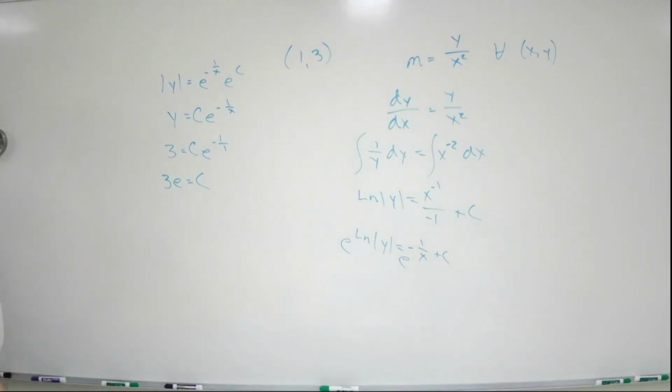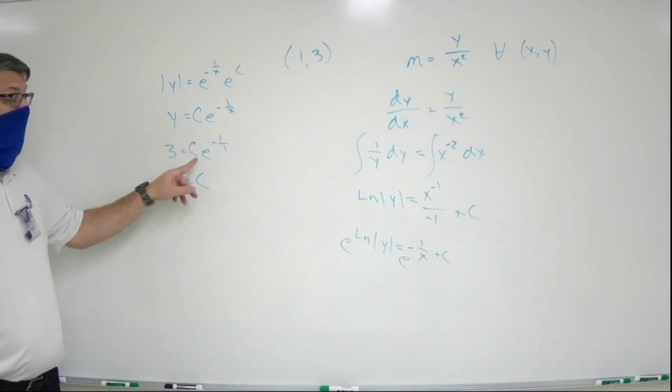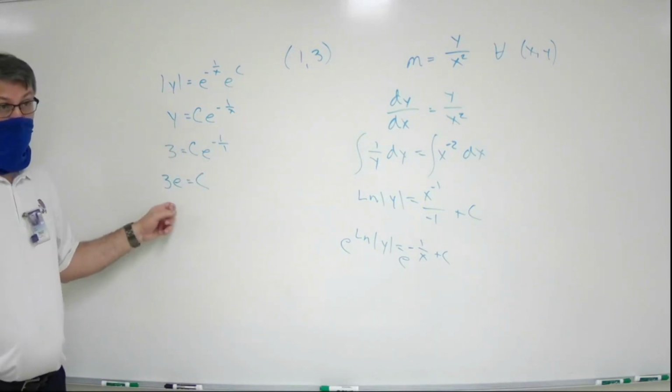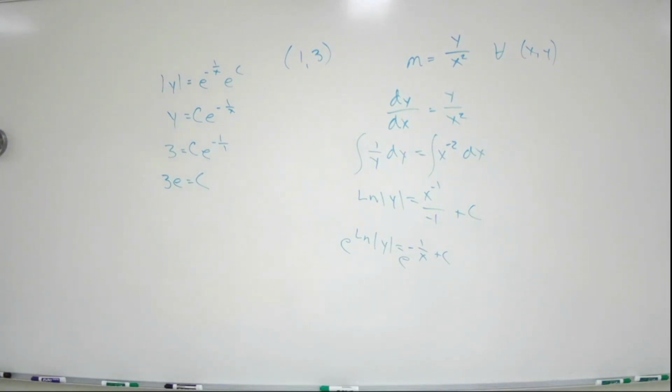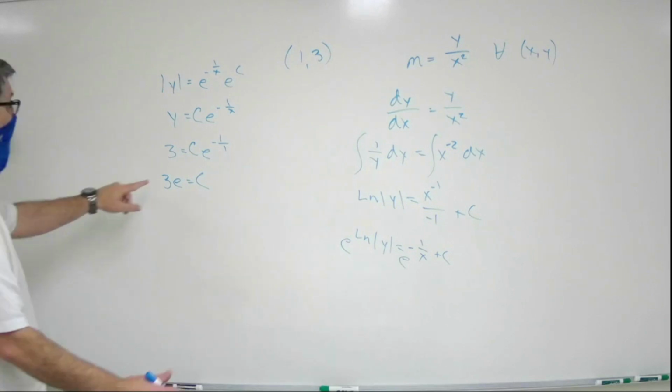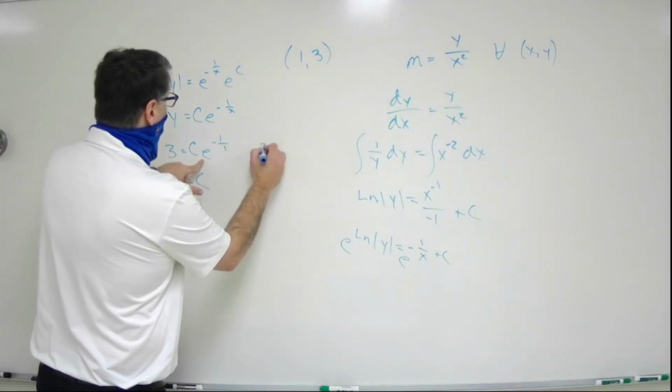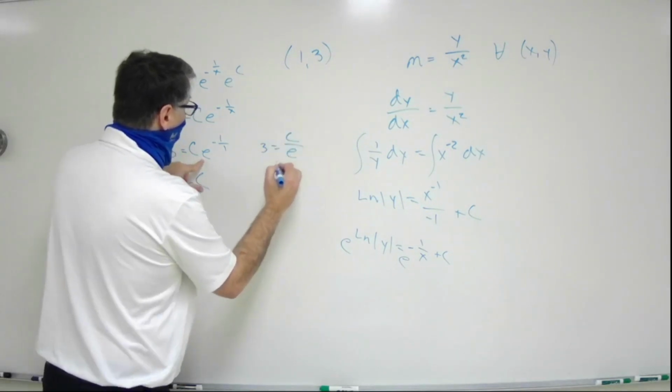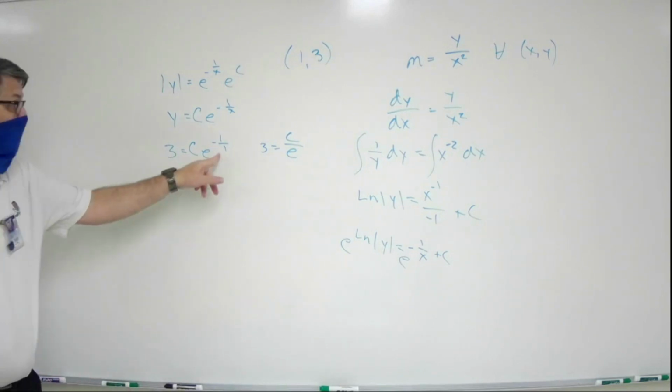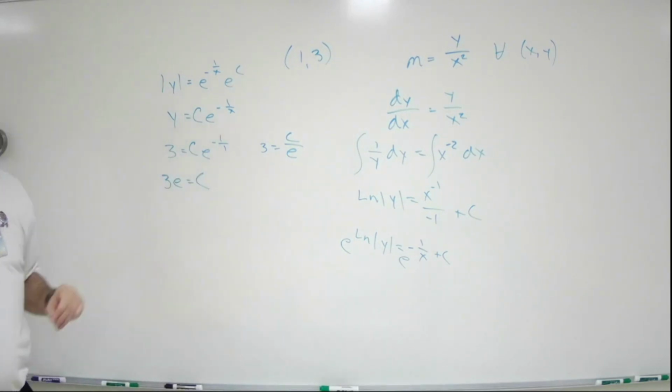Yeah, because this is basically 3 equals c over e, multiply both sides by e, and this is what you get. This right here is technically 3 equals c over e, because this is to the negative first power, which are exponent rules. Yeah, swapping signs, when you move to the other side, you swap that negative sign out.